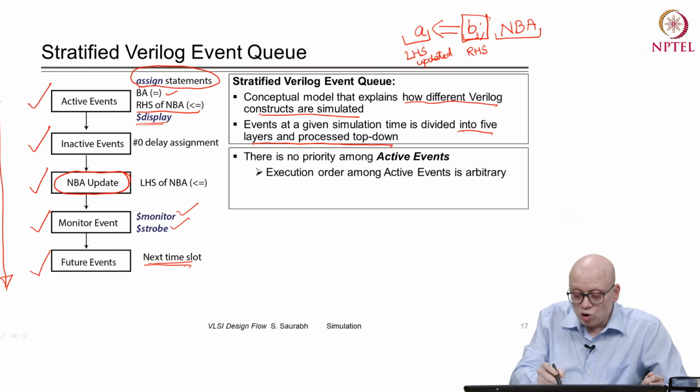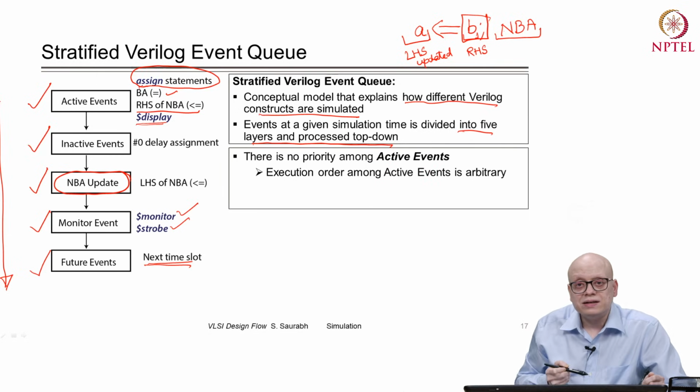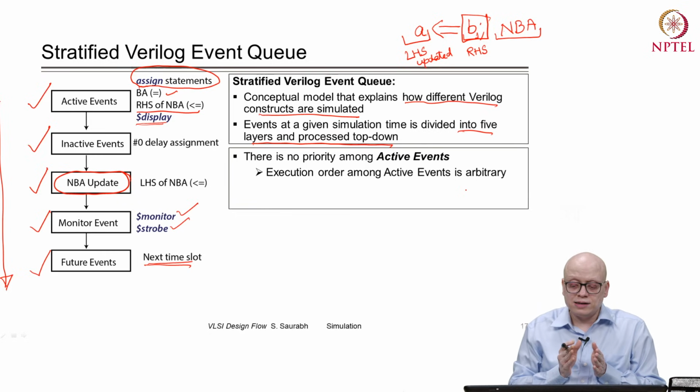Now, there is no priority among active events. If there are multiple events in the active event queue, the execution order among active events is arbitrary. Why is this kind of arbitrariness there in the Verilog simulation?